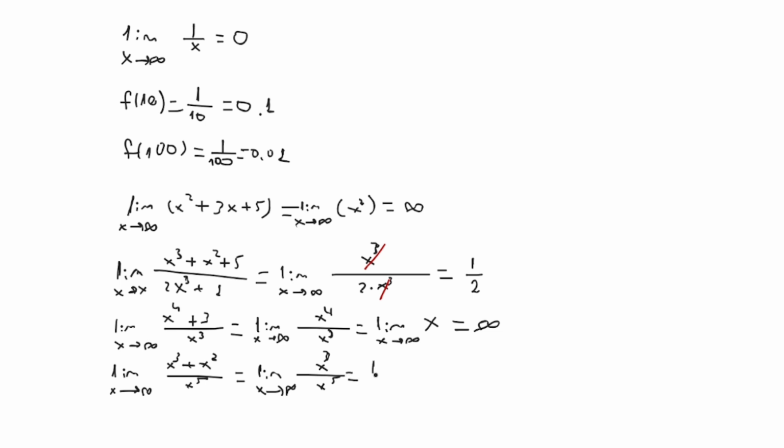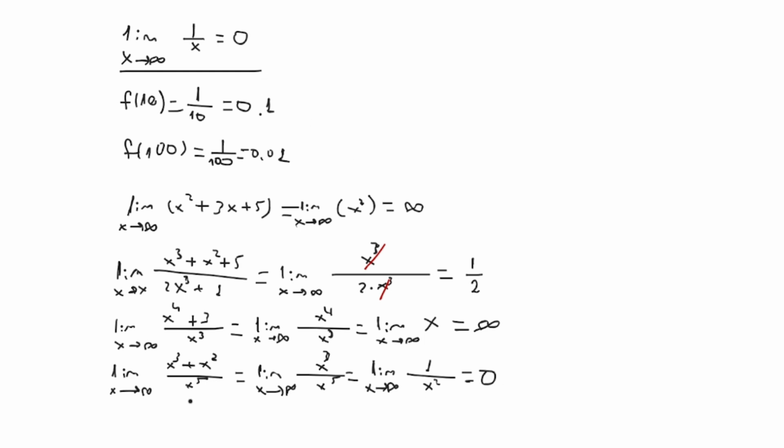Now let me rewrite the limit as x approaches infinity again, and here we can cancel x to the power 3, and it is 1, and when we cancel x to the power 3 from x to the power 5, we are left with x squared, and the answer to this problem is also 0.